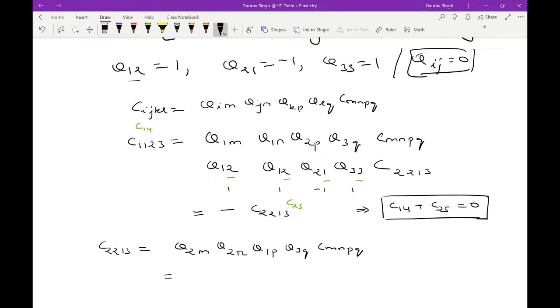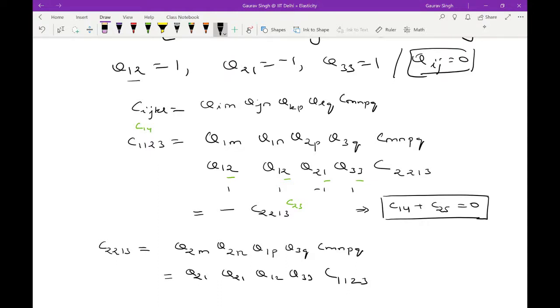Now again, the only possibility is that this becomes a Q21, this becomes a Q12, this becomes a Q21, and this becomes a Q33. That would give C1123.